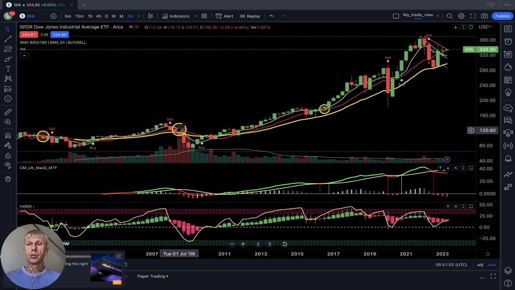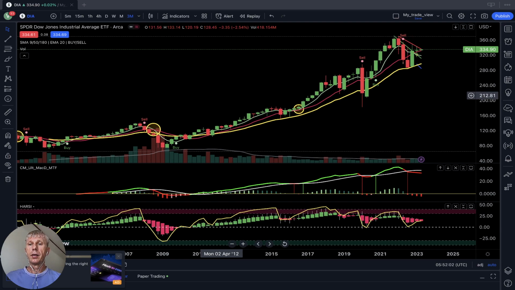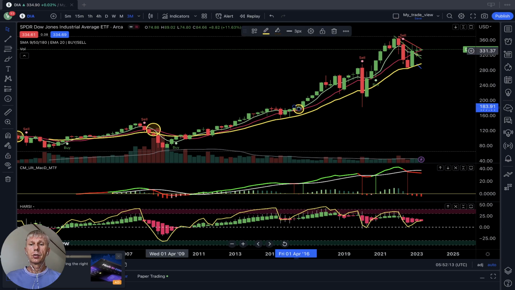MA5 did a bearish crossover over 10 in 2008. And after that, it did move below 20. In this case, it didn't move below 20 yet, below the yellow line. It just touched MA10 in 2016, right? But it didn't cross over.